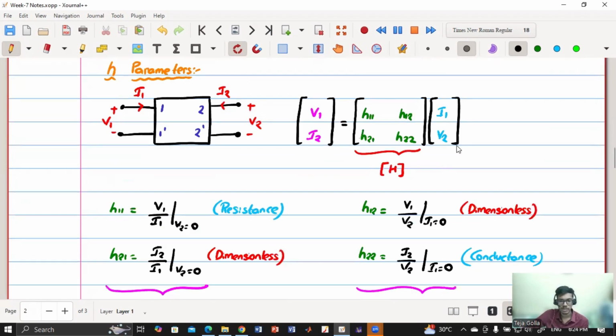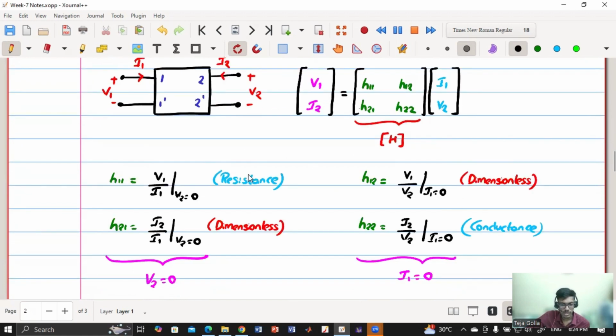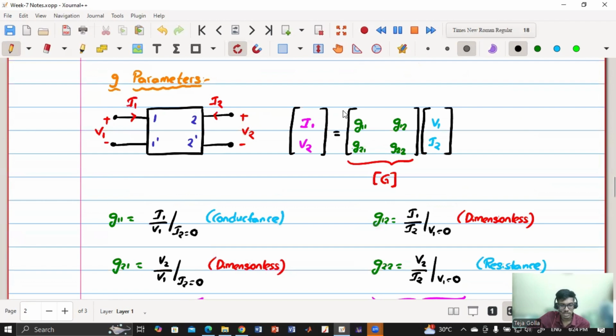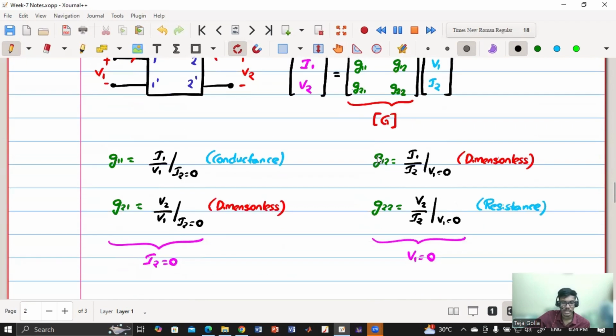And in the case of H parameters, I1 and V2 are the outputs, V1 and I2 are the inputs, and these are defined in this way. Here we have resistance, conductance, and two dimensionless parameters, because they are the ratio of voltages and currents. In the case of G parameters, it is vice versa. Here V1 and I2 are the outputs, and I1 and V2 are the inputs, and these are defined in this way.